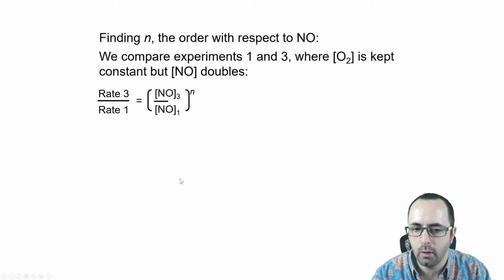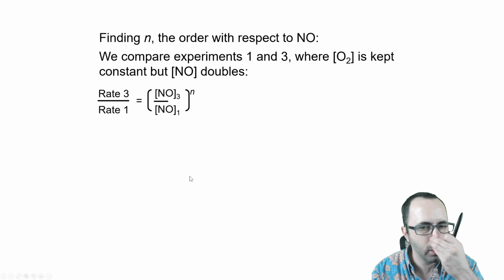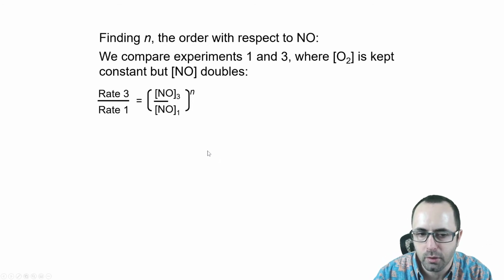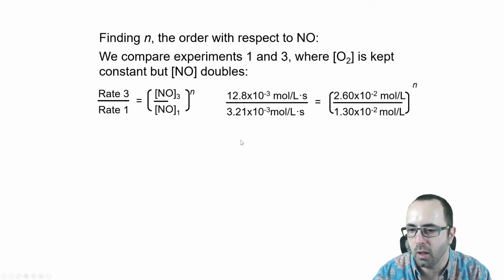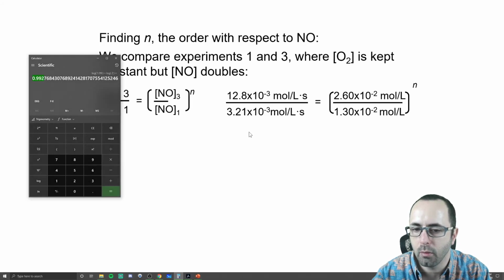Okay, and now, as usual, I'll skip ahead here. We don't need to worry about the concentration of O2. We already know that. It's going to cancel out. And so we plug them in here, and we get 12.8 times 10 minus 3 divided by 3.21 times 10 minus 3. So 12.8 divided by 3.21.